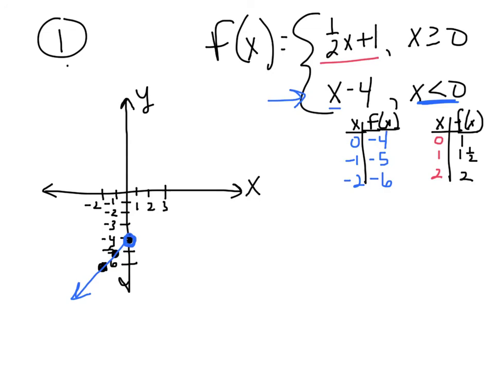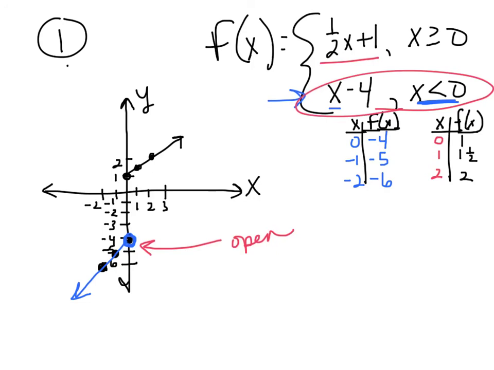So (0, 1), (1, 1.5), and (2, 2). Your line looks like that after we hit 0. So keep in mind, this is the mistake a lot of people make, including the mistake I just made. That is an open dot because on this one, it cannot be 0. So this is your piecewise function.